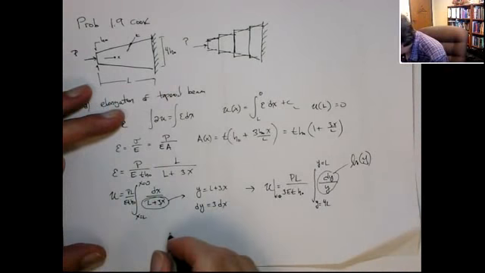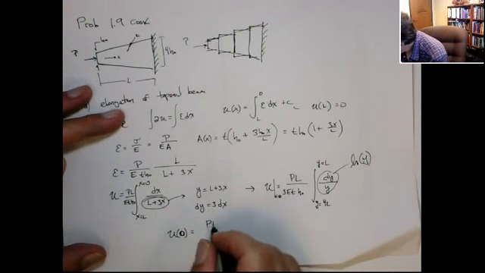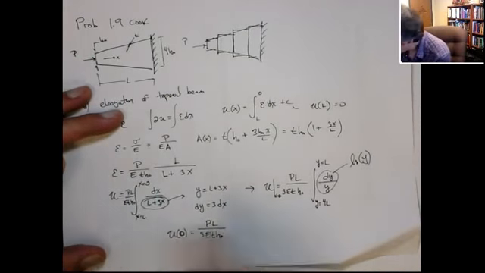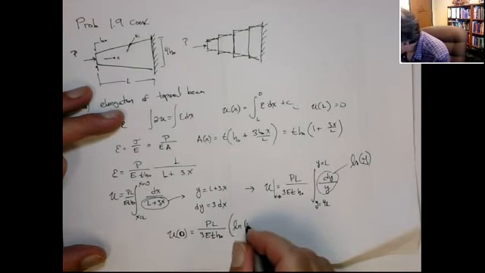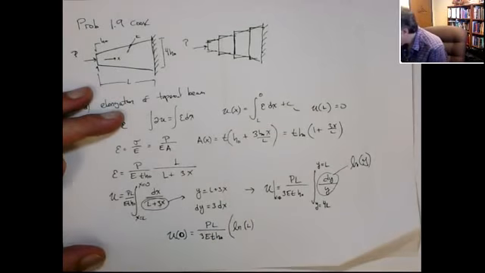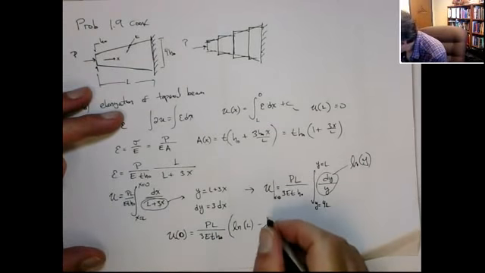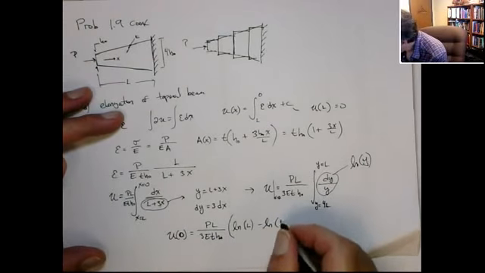So we have the displacement at 0 is equal to PL over 3 E t h0 times the log of L minus the log of 4L.